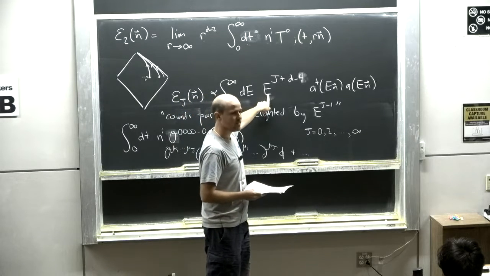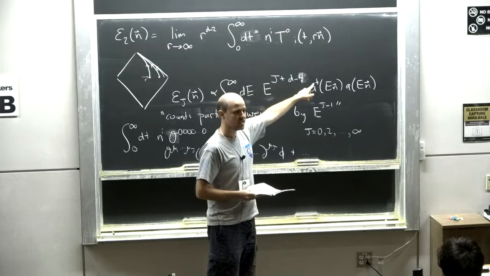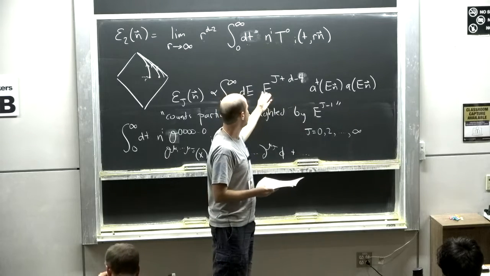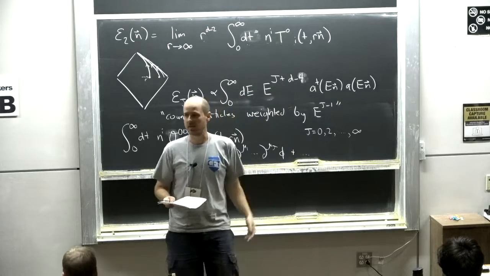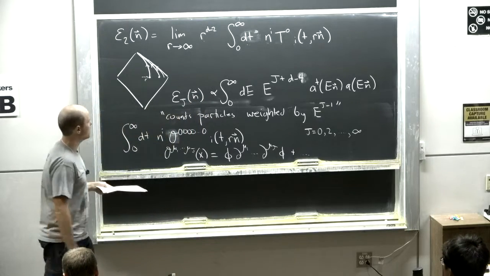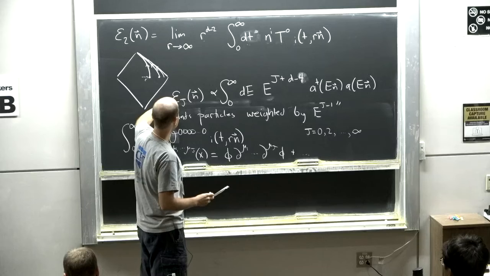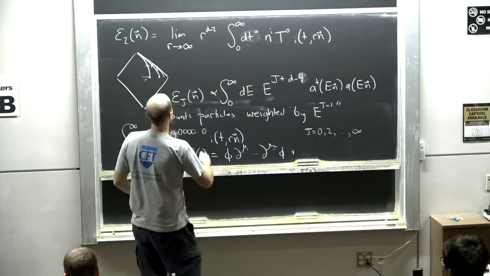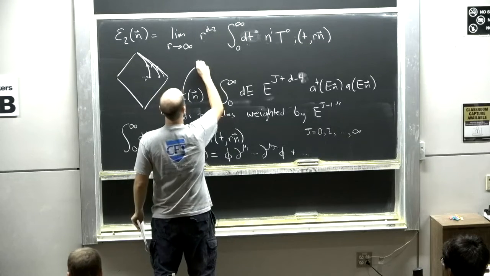Energy is positive. So this operator actually makes sense for any j, because we can take a complex power of a positive number, and it's unambiguous what it means. So what we have here is an interesting situation. We have a family of operators in the free theory labeled by complex j.